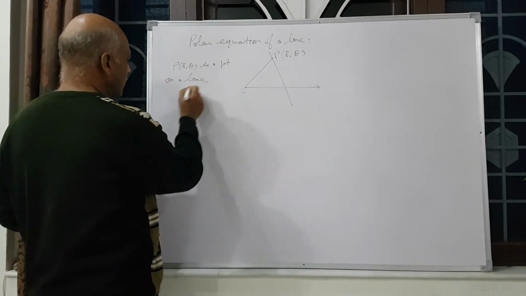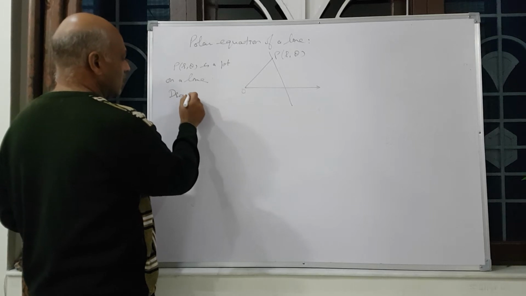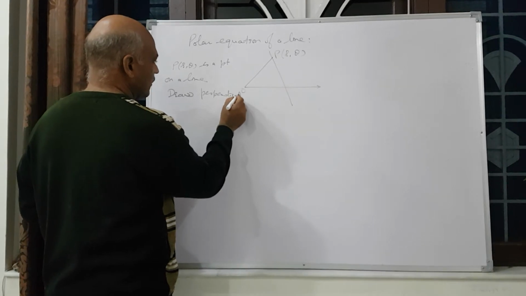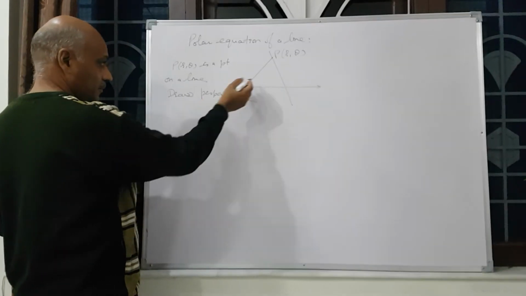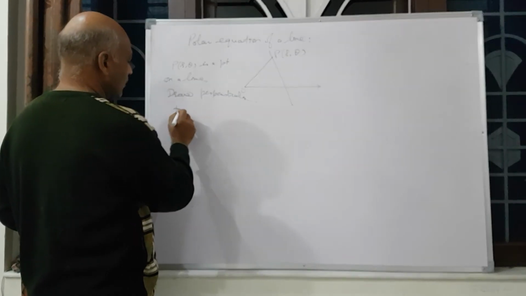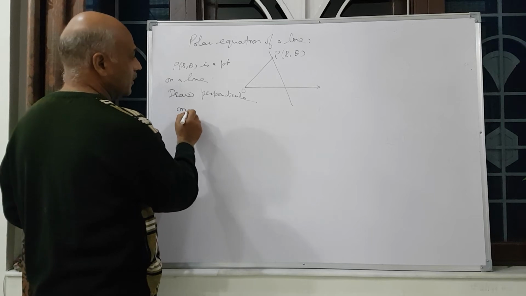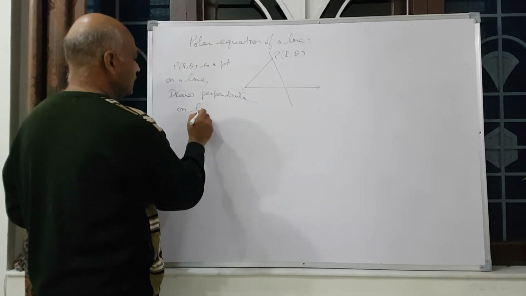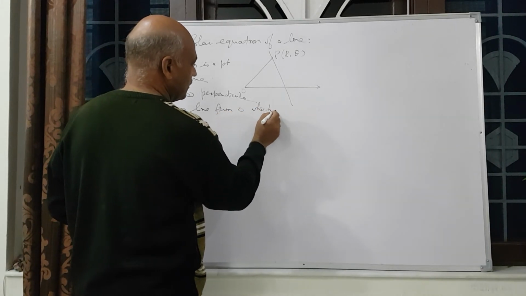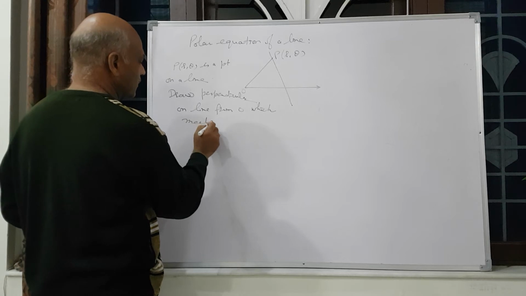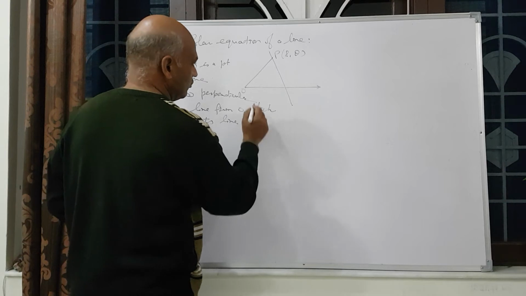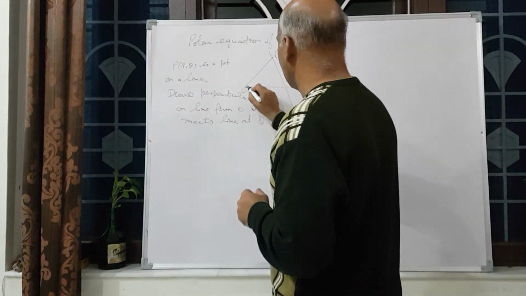And now suppose we draw a perpendicular from O on the line, which meets the line at Q. Suppose here we draw the perpendicular.